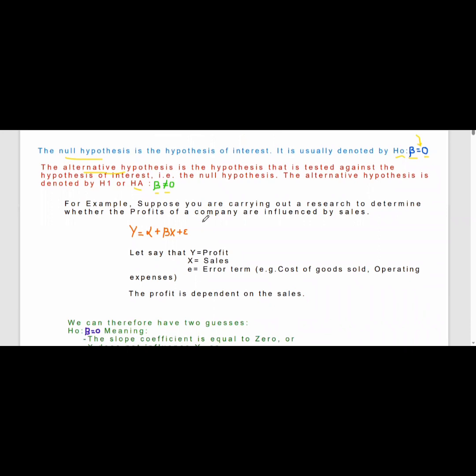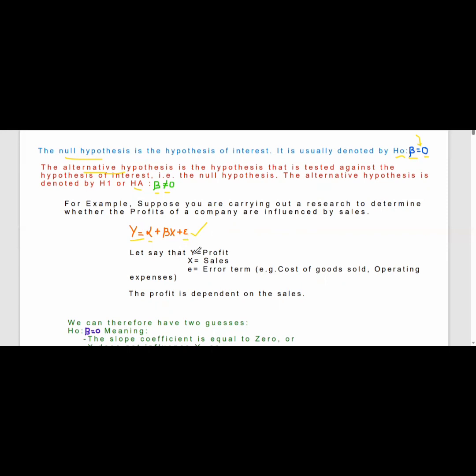Suppose you are carrying out research to determine whether the profits of a company are influenced by sales. You will come up with a regression model where y is equal to alpha plus beta x plus the error term.